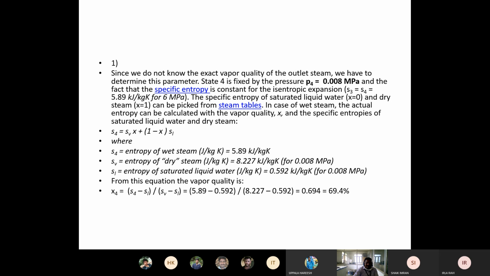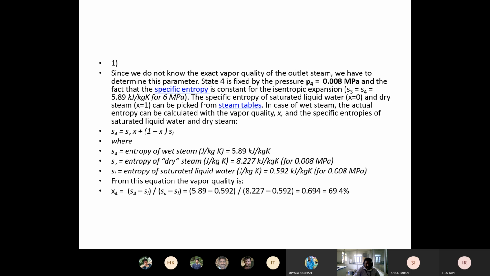In the previous class we discussed the method of picking the values from steam tables. In this case, wet steam, the actual entropy can be calculated from vapor quality x: S4 is equal to Sg x plus (1 minus x) Sf, where S4 is the entropy of the wet steam, 5.89 kilojoules per kg Kelvin.